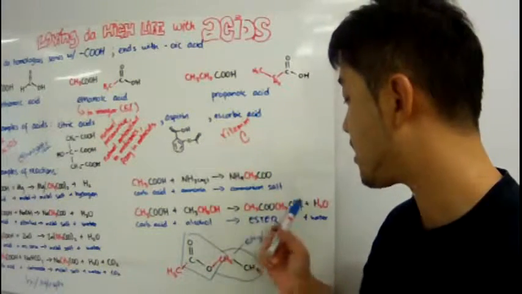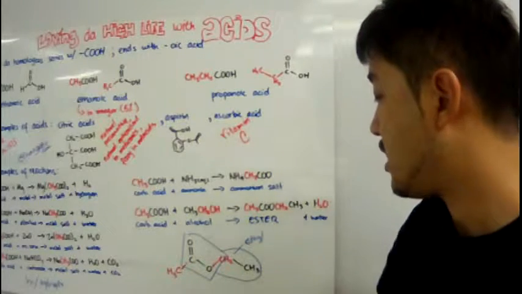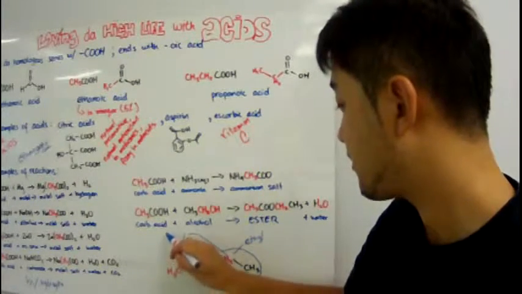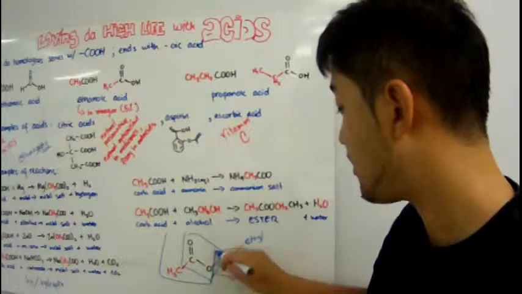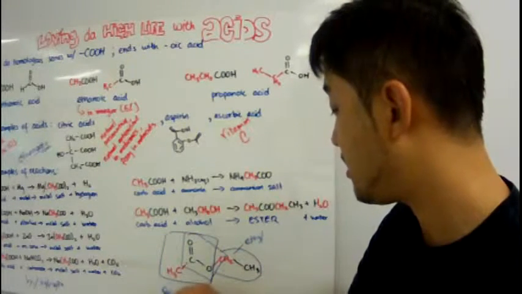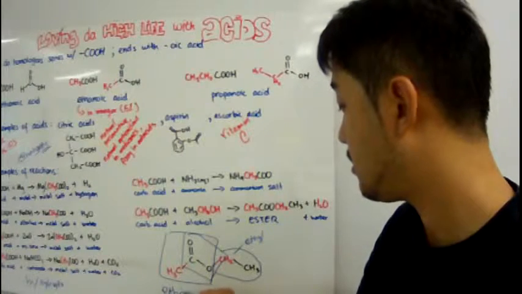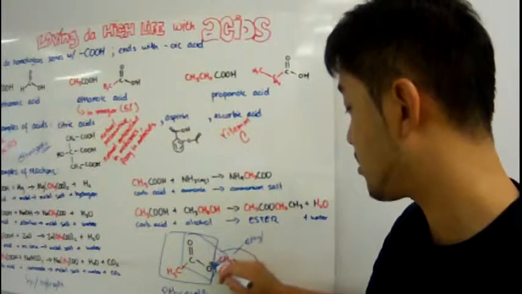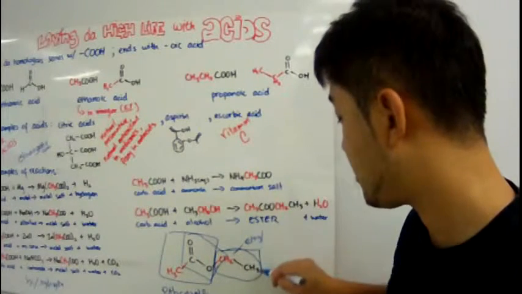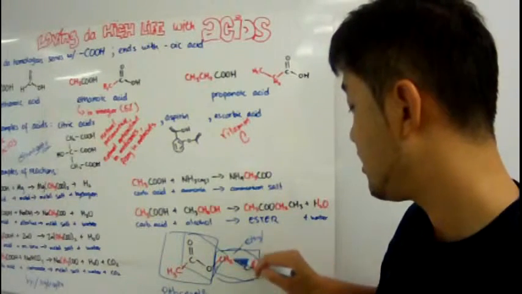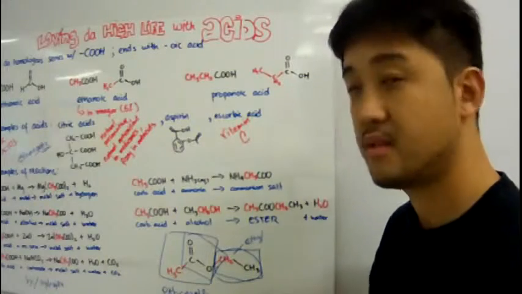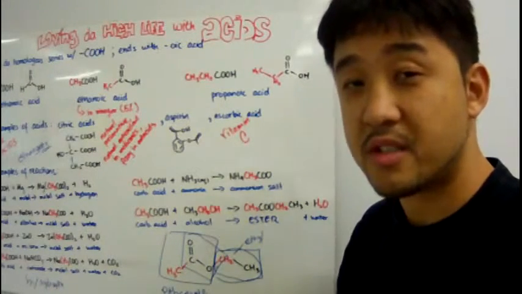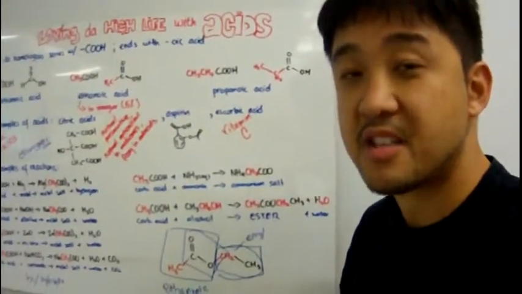Now the naming convention here is that you follow this functional group as your ethanoate, with this functional group here as your ethyl. Alright? So it's ethyl ethanoate. That's it. We'll do more exercises in class.